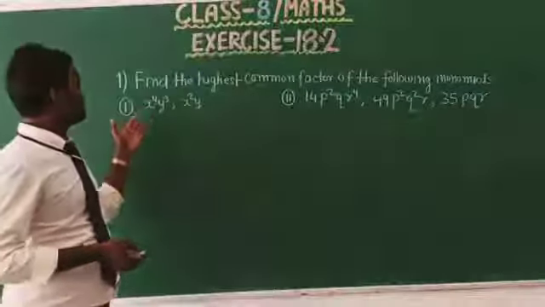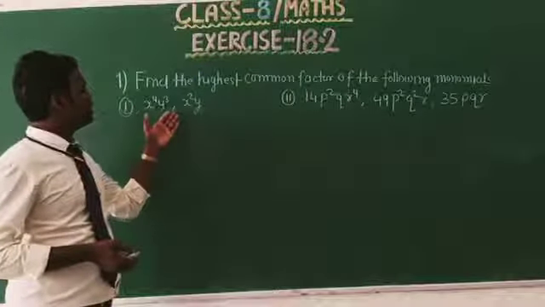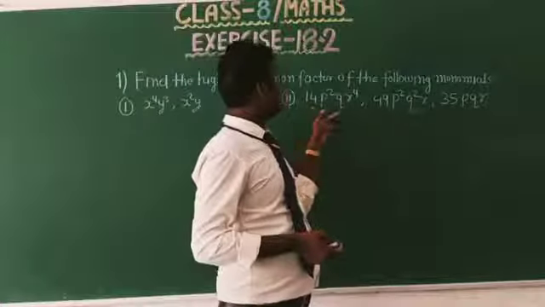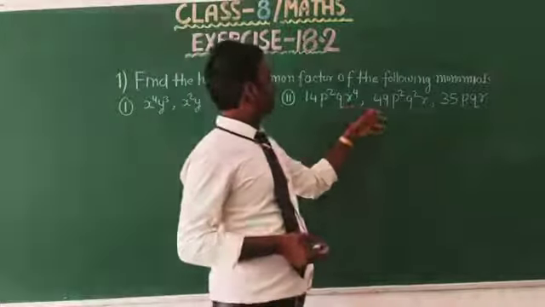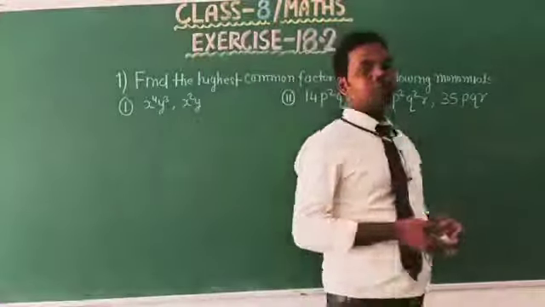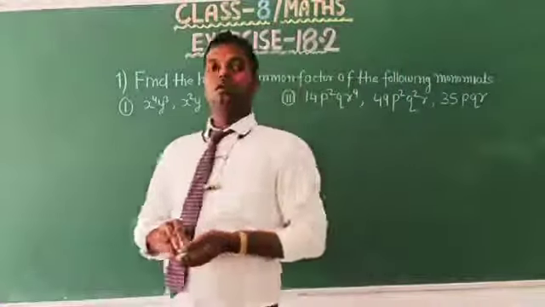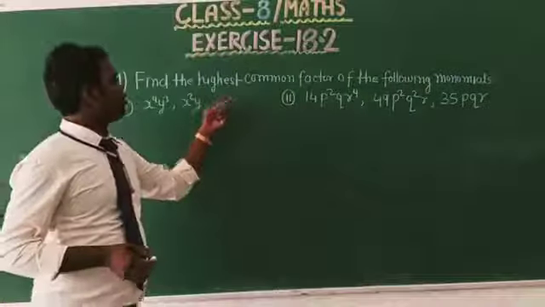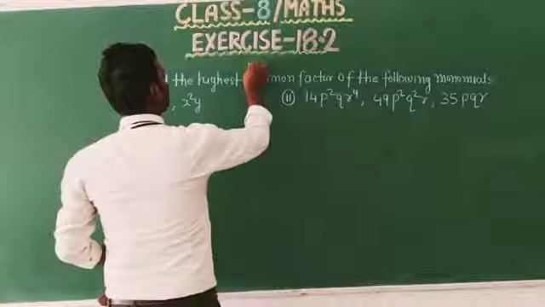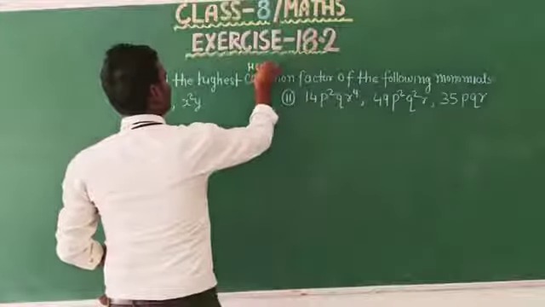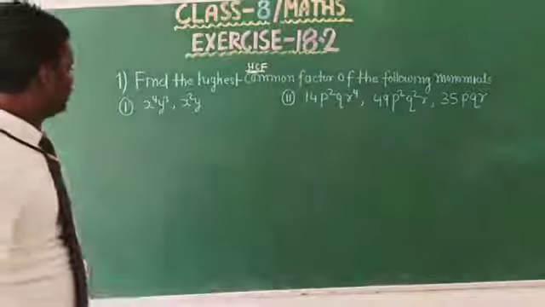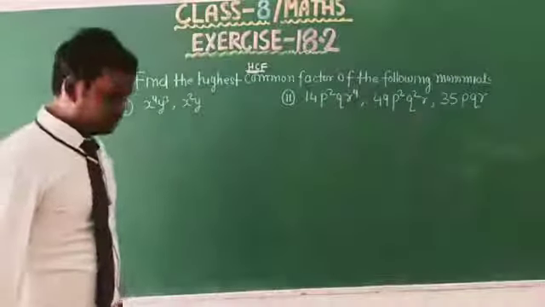The first, x to the power 4 y to the power 3, comma x square y, and second is 14p square q square r to the power 4, 49p square q square r, and 35pqr. Okay. So highest common factor means HCF. Okay, means we have to find the HCF of the given monomials.